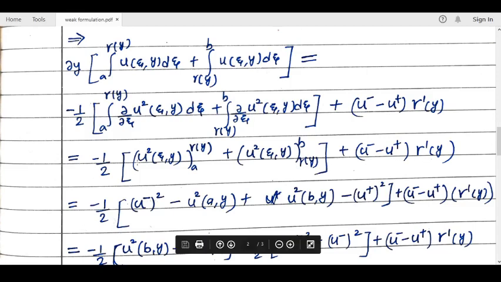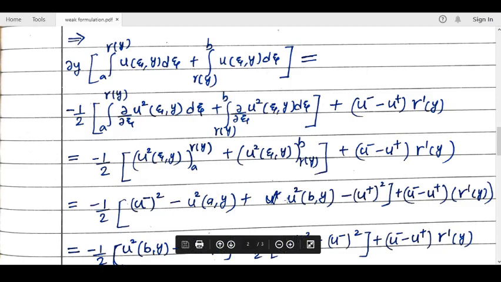Now this is again equal to, here we will put the upper and lower limits. Again we will use the u minus and u plus notation that I told you earlier. Here we are approaching from the left, so this notation stands for u minus. Here we have square, so this becomes u minus square for the upper limit, and for the lower limit you have minus u square of a comma y.